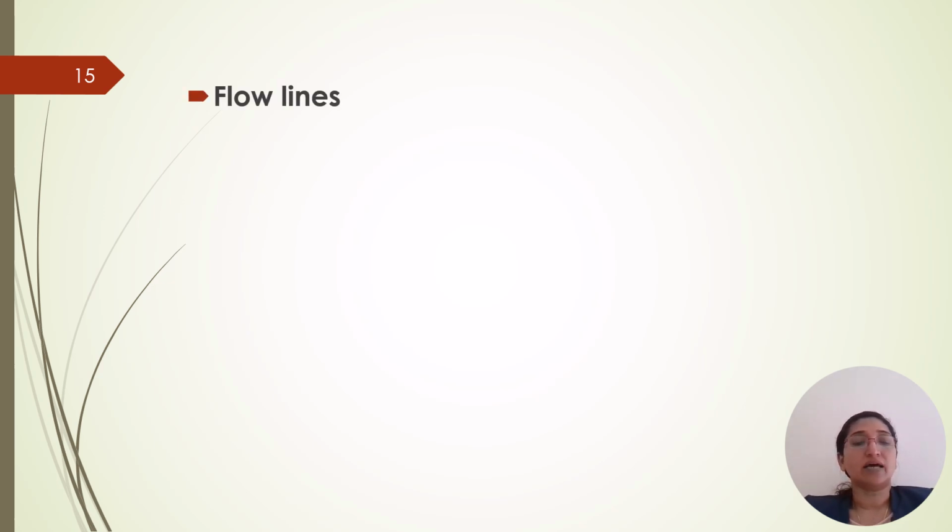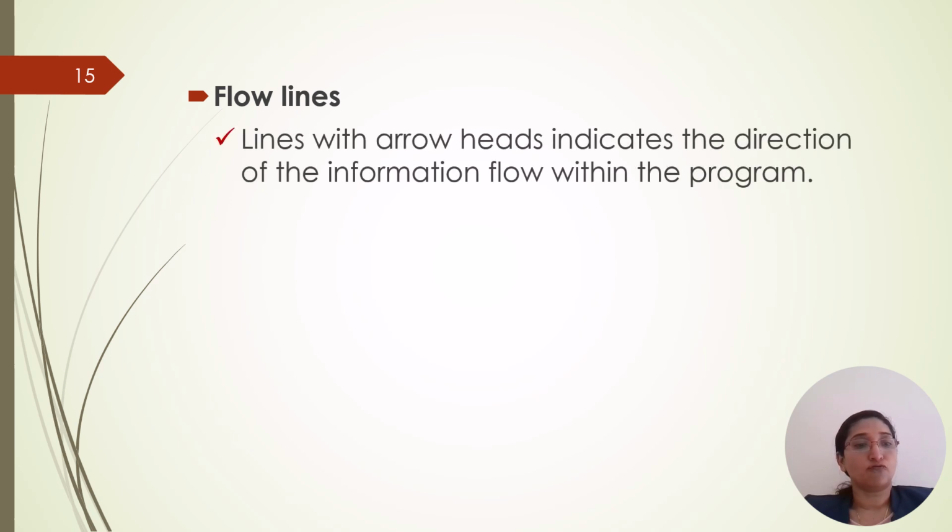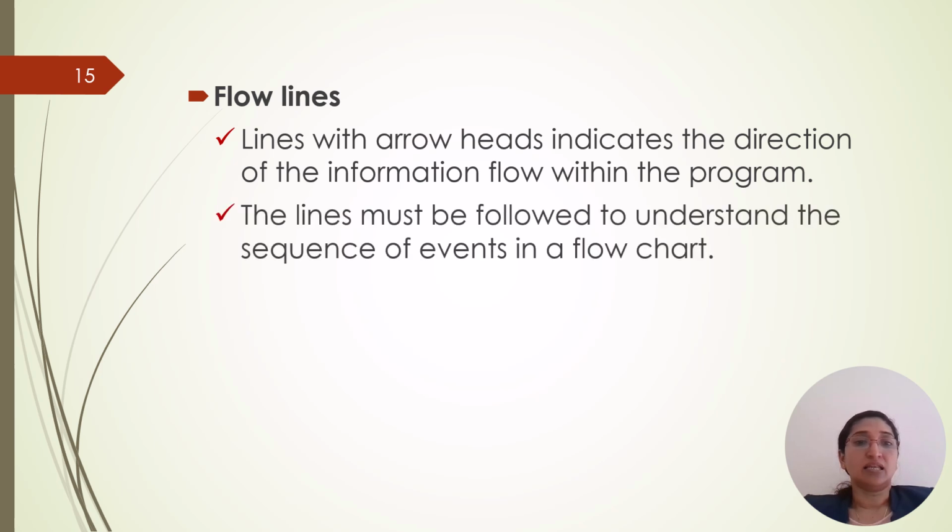Right. With that, now we can move on to flow lines. So flow line with an arrowhead indicates the direction of the information flow within the program. The lines must be followed to understand the sequence of events in the flow chart.